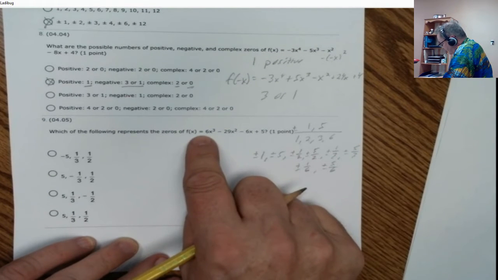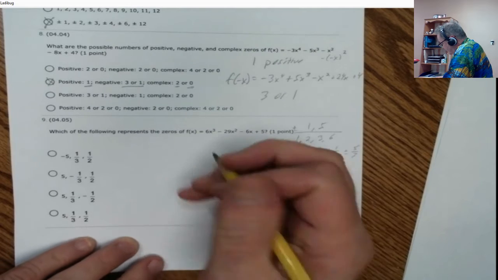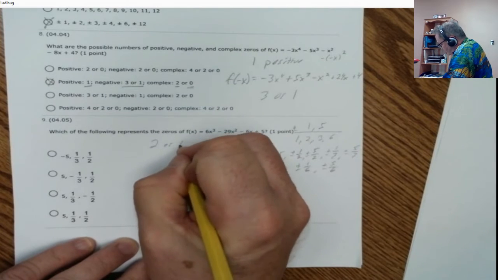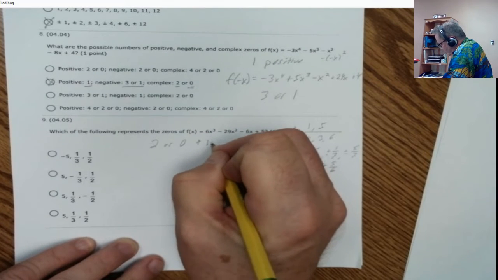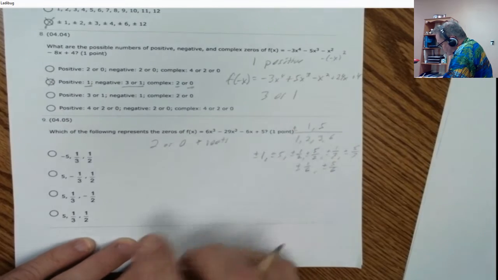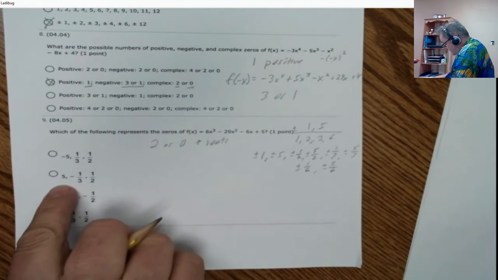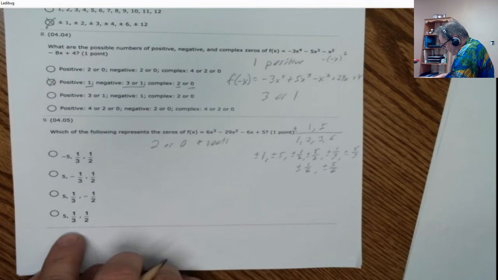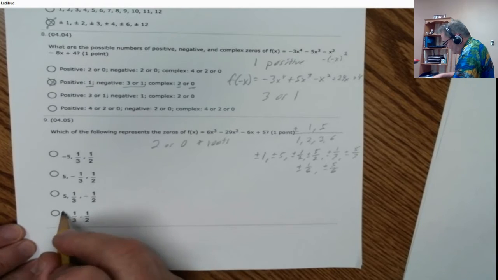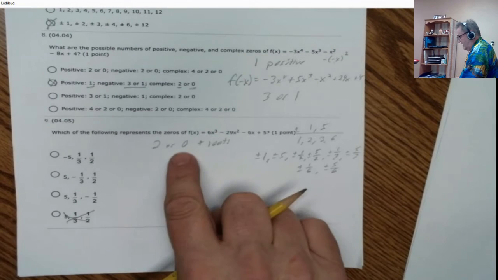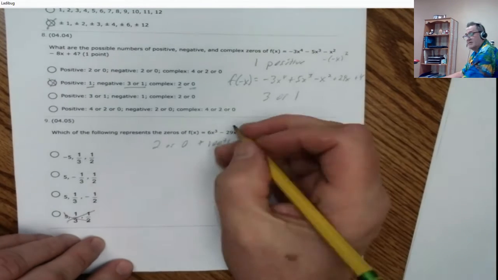What do we know here? Positive, negative, positive. So there are 2 or 0 positive roots. 2 or 0. This has 2. This has 2. This has 2. This has all 3. All 3 cannot be because it's either 2 or 0.